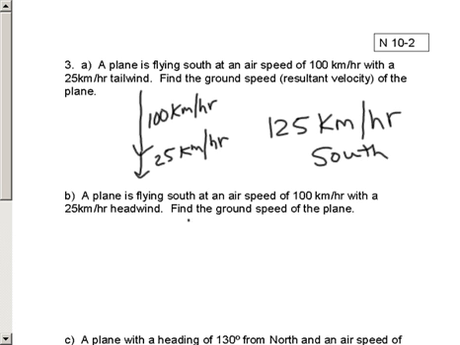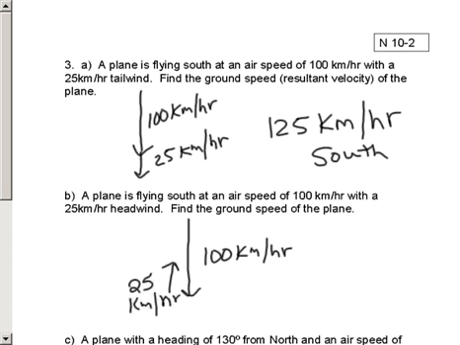Okay, what about the next one? Now you have a plane flying south at 100 kilometers per hour. But now you have a headwind. Good. So what would be the resulting vector? Yeah, the resulting vector would still be south.